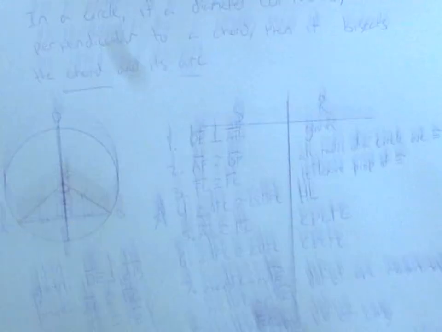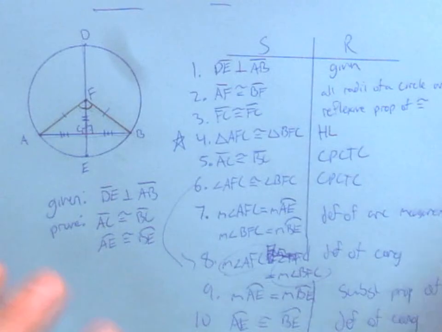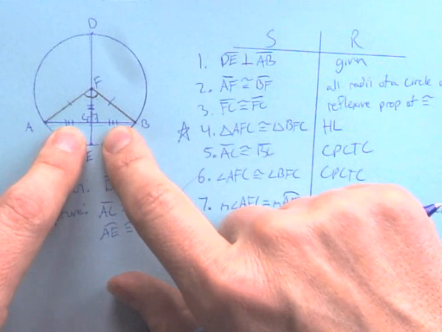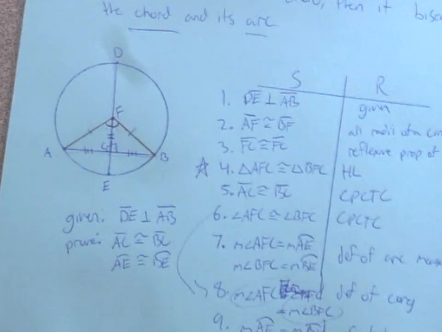There are a couple of steps in here where you're just changing stuff from congruence to equality, just to get the substitution to happen the way you want. But that's the gist of it. Congruent triangles give you congruent parts, segments here and angles here, and then the congruent angles give you the congruent arcs.